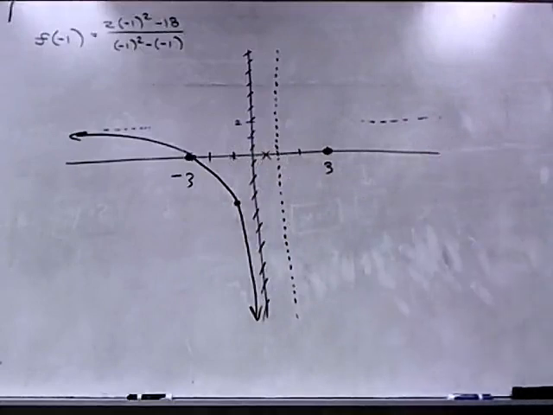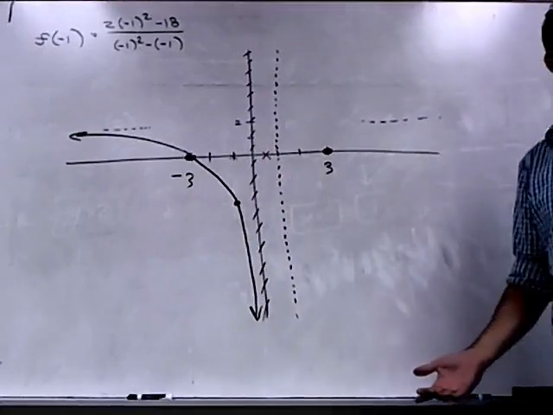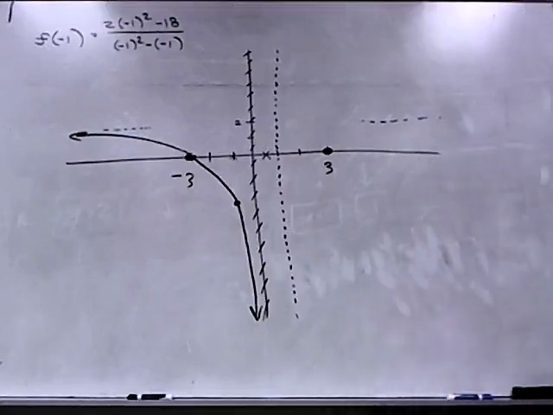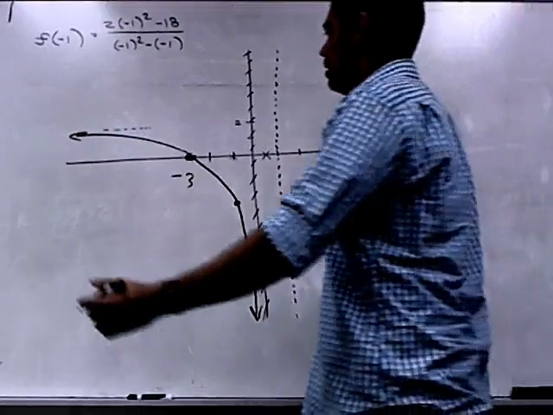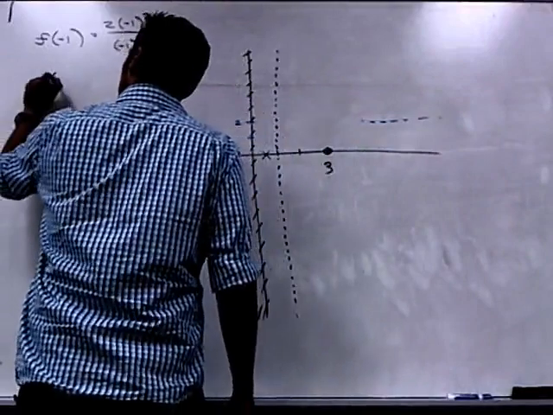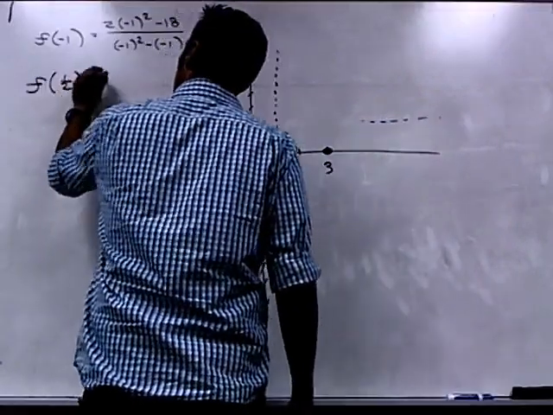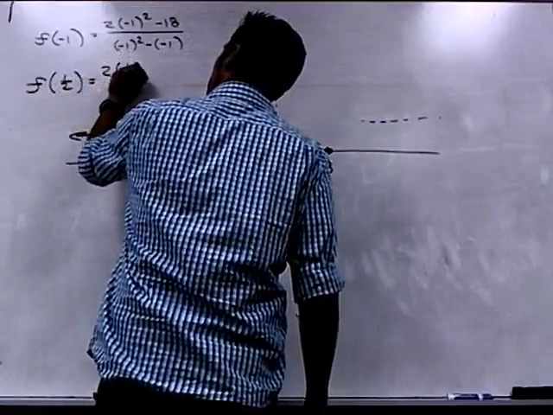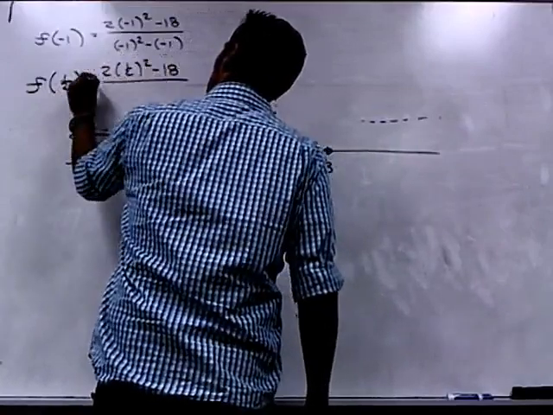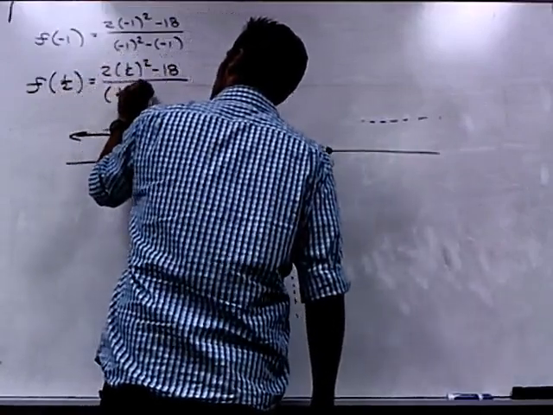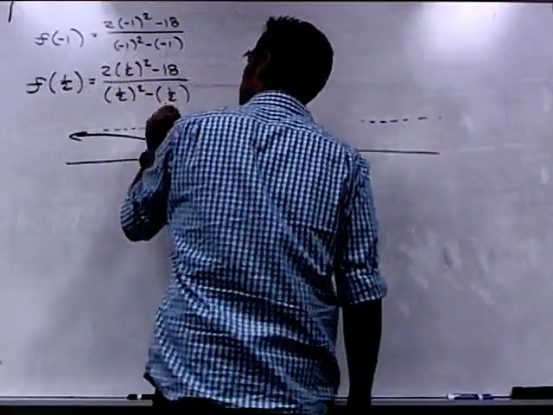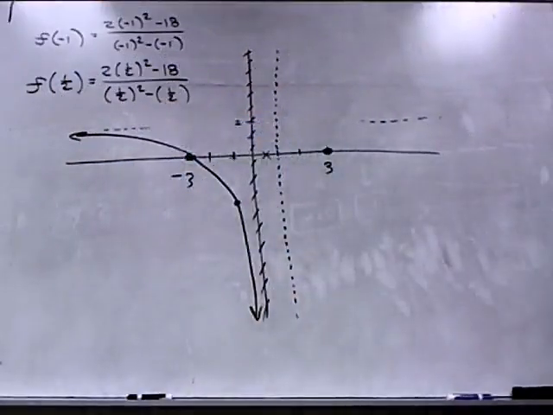So what's a test point in there? 0.5 or 1/2, and you're going to plug that into the original function again. So 2 times 1/2 squared minus 18 over 1/2 squared minus 1/2. Does everyone understand what I'm doing here? Plugging in?